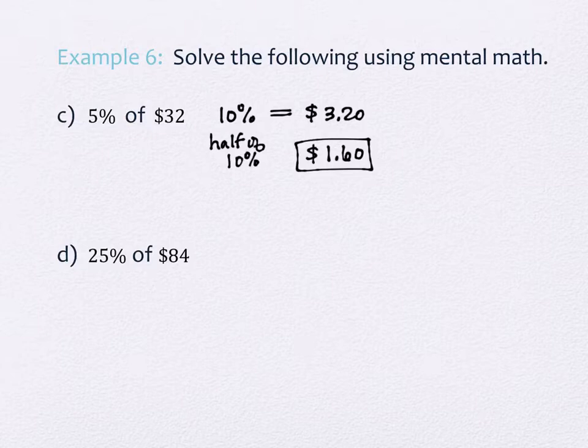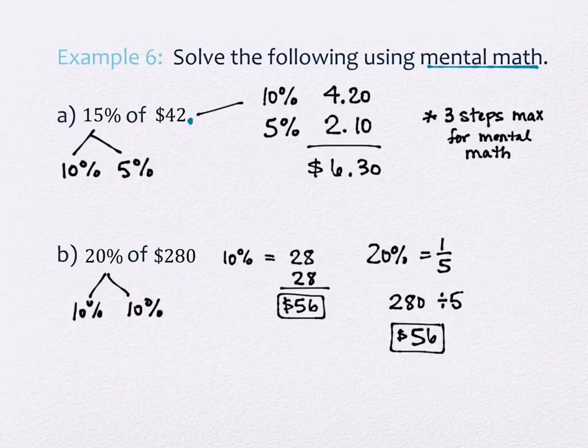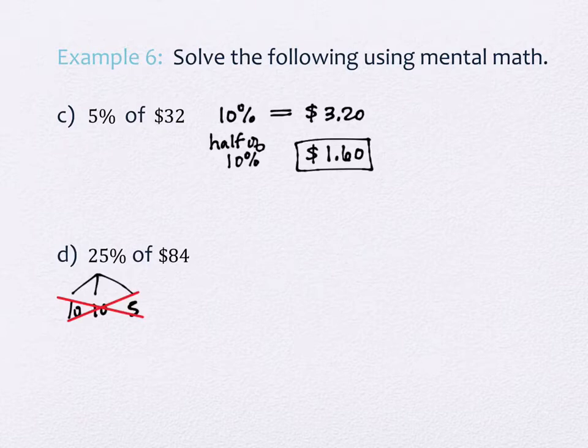So instead of doing it as 10%, 10%, and 5%, which we're not going to do, if we think about it like the 20% idea where we did it as 1/5, that will work very nicely. So what is 25% as a fraction? Yeah, it's 1/4.